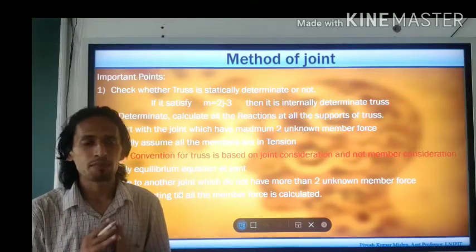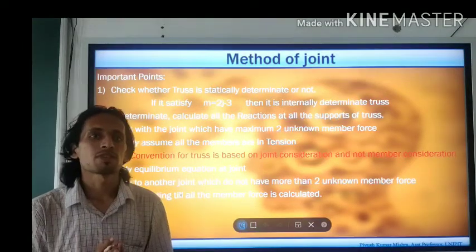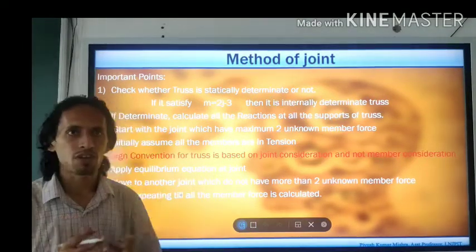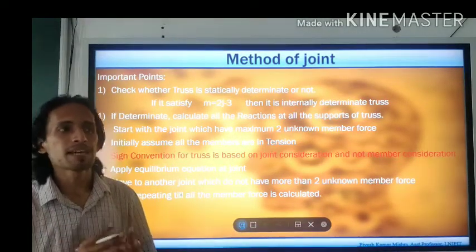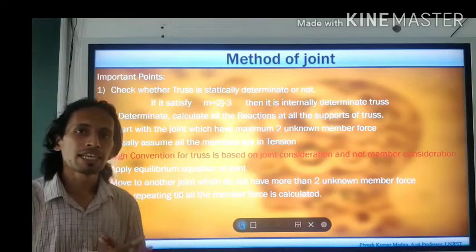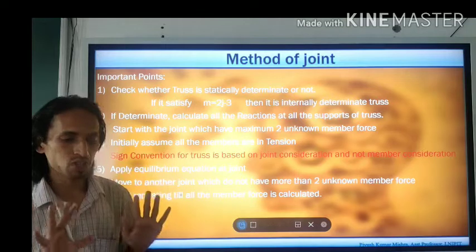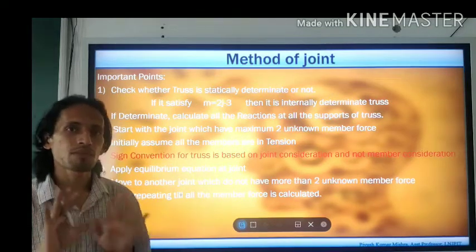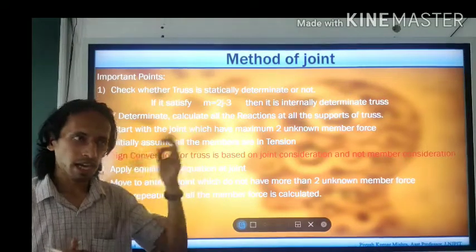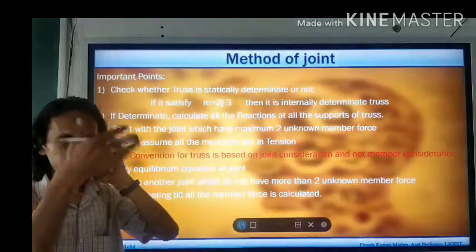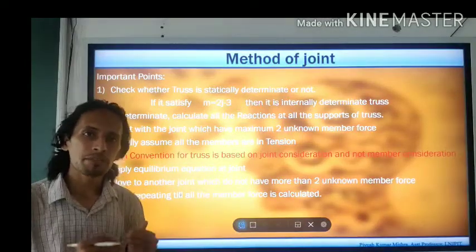But if it is a determinate truss, it becomes easy to solve using equilibrium. So if the truss is determinate, we can start. If it is indeterminate, we should stop and think of something else, which we will study in upcoming lectures. Right now we are focusing on determinate trusses.